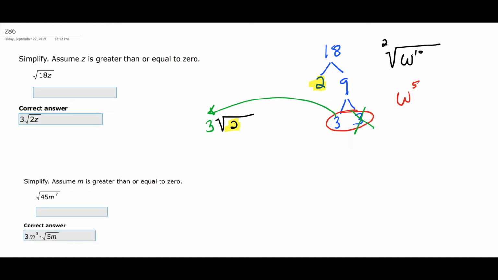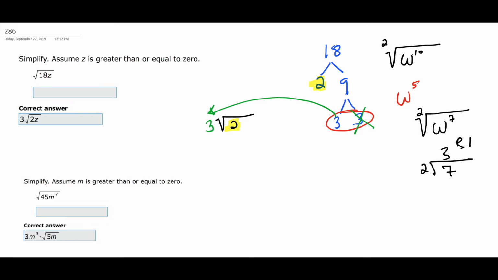You see? But let's say it was the square root of w to the 7. Well, you divide the 7 by 2, what do you get? With remainders. We have a 2 right here, right? So 2 going into 7 is 3 remainder, and then 2 times 3 is 6, one more extra to get you to 7.